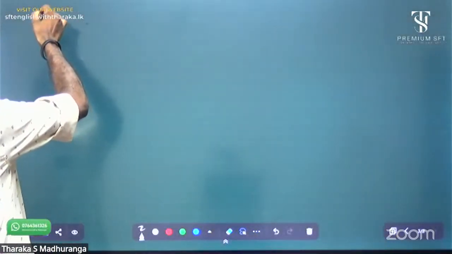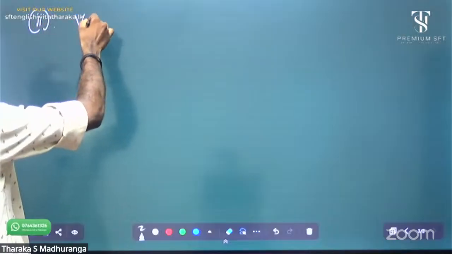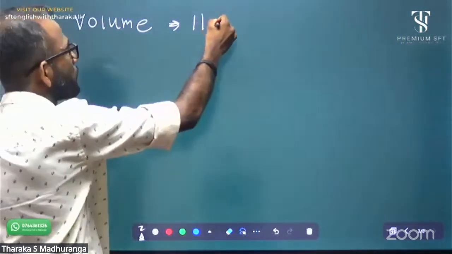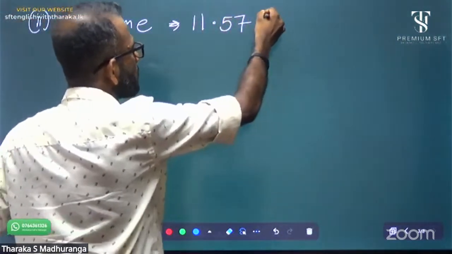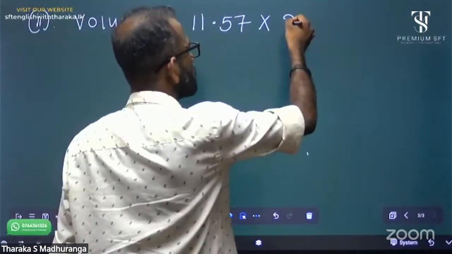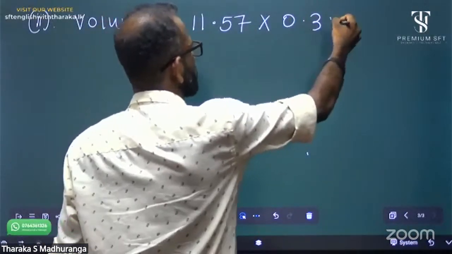Second one, the volume equals 11.57 multiplied by 0.3 meter.